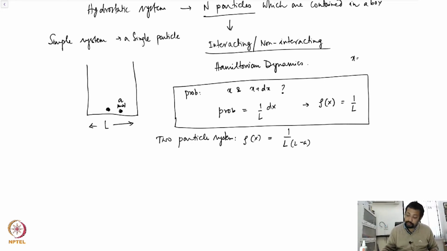I know that the trajectory is x equal to v naught t, right? So I can find out where the particle is at exactly the same time.